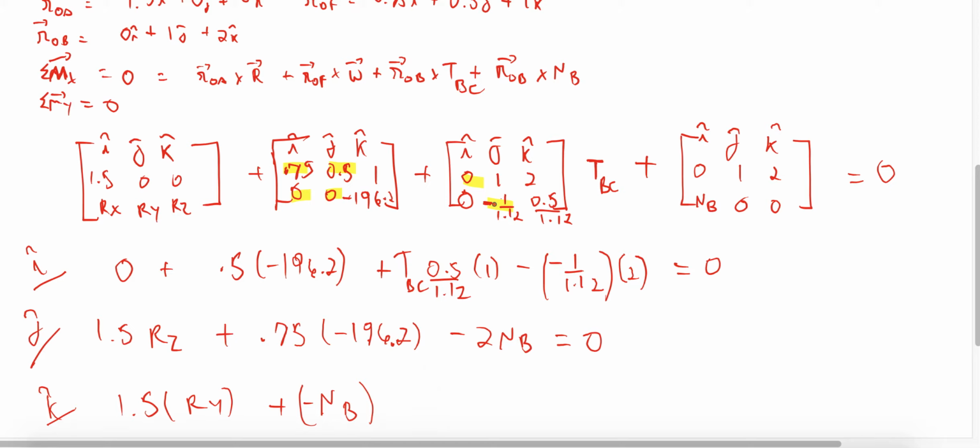Okay, so this times that. Oh, that's 0. Yeah, 0 times that, 0. Minus 1 times 0 is 0. Yep. And last one, 0 times this, minus this times that. Yep, that's right. Okay, so it doesn't seem like it helps. Still two unknowns there.